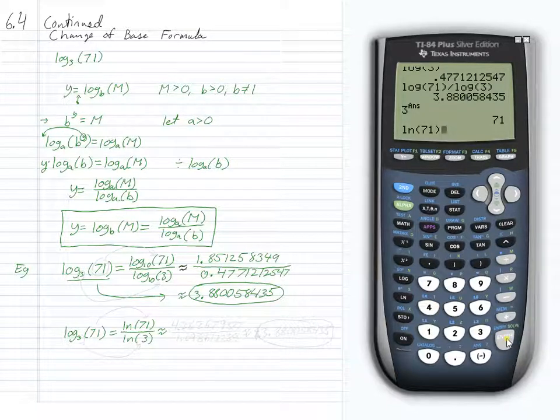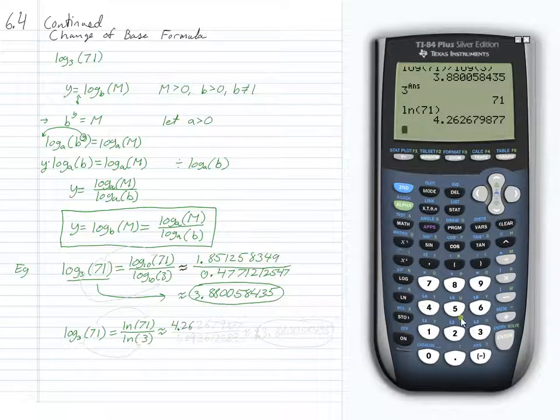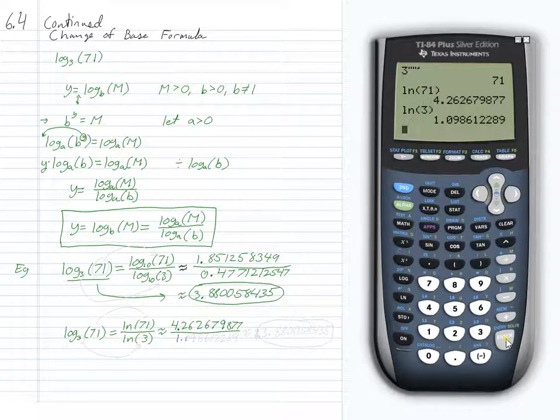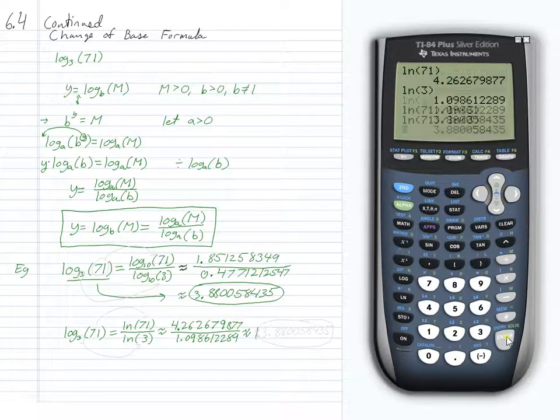I find my numerator to be 4.262679877, and my denominator to be 1.098612289. But the ratio of these two numbers is exactly the same.